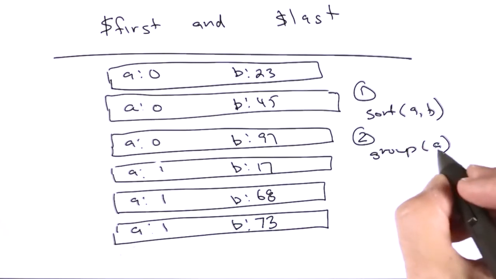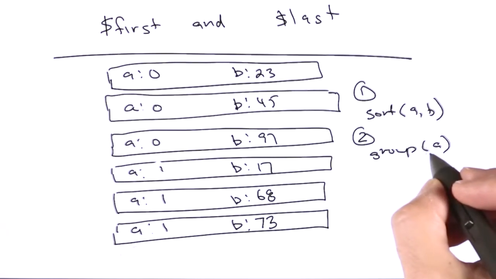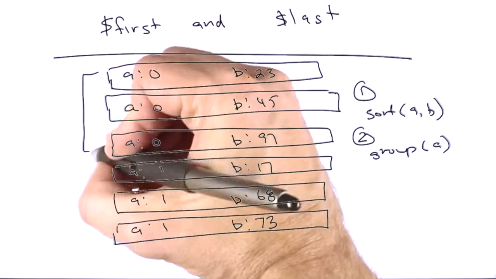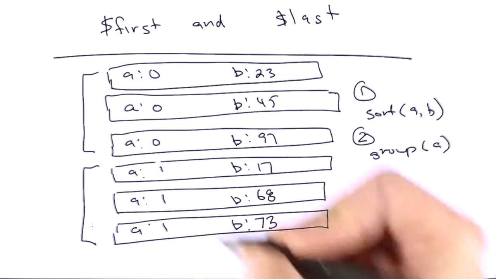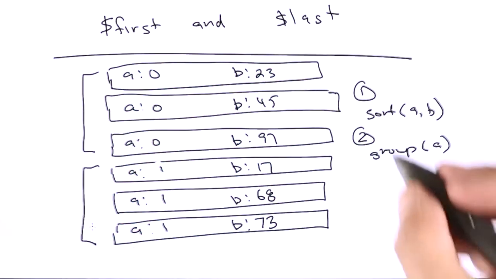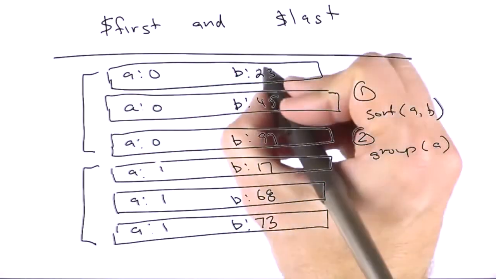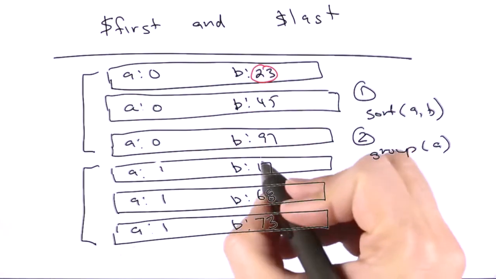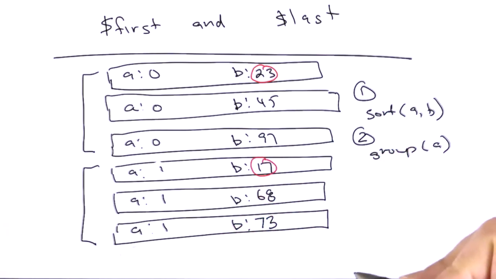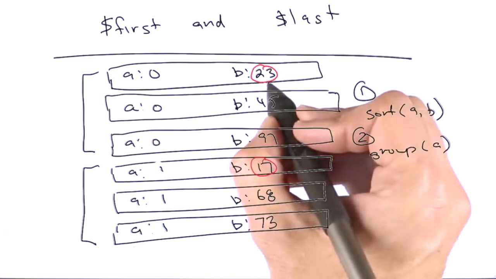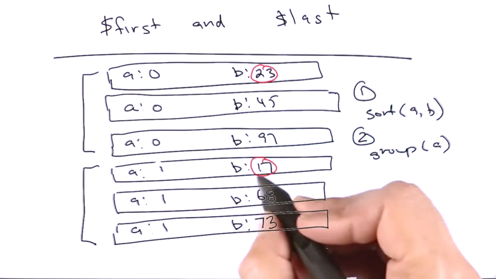Now, let's say I want to group by A. If I group by A, then I'm going to process the documents logically in this set and logically in this set. And then if I ask for the first of B as I'm grouping by A, I'm going to get this value, and I'm going to get this value. So in the grouping by A, where A is 0, the first of B is 23, and where A is 1, the first of B is 17.